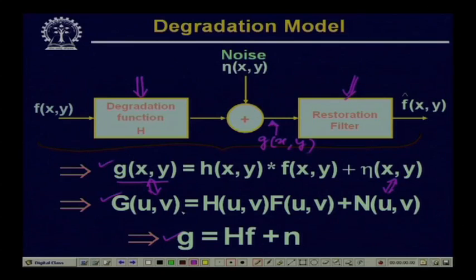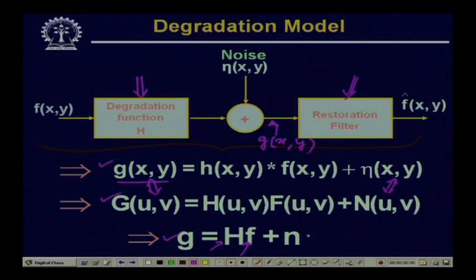And in the last class, we derived another mathematical expression for the same degradation operation, but there the expression was given in the form of a matrix, and that matrix equation, as has been shown here, is given by G = HF + N, where G is a column vector of dimension M into N, where the image is of dimension M by N. F is also a column vector of the same dimension M into N. This degradation matrix H is of dimension MN by MN, so there will be MN rows and MN columns.